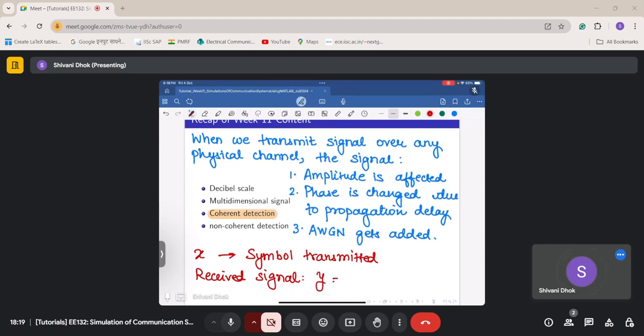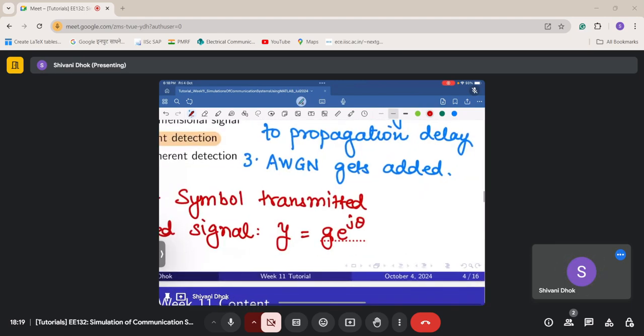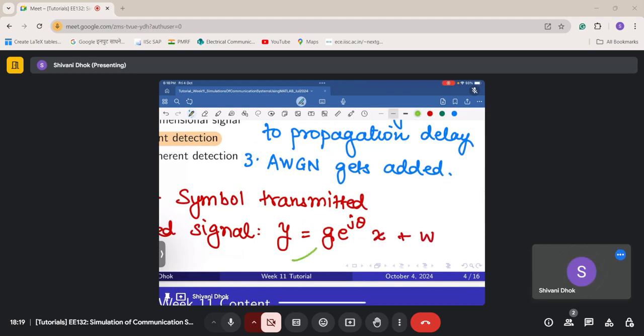is y equal to g e power j theta x plus w, where g is the attenuation factor and theta is the phase, and these both are random.